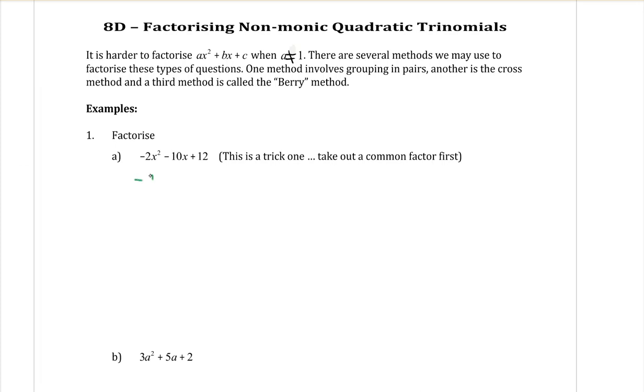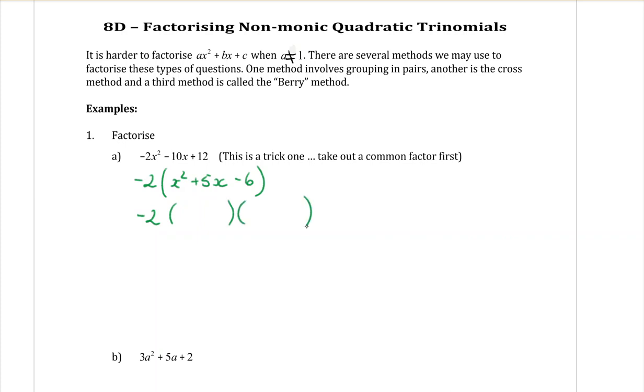So negative 2, bracket, that would leave x squared. Bringing the minus out will change that to a plus 5x, and bringing the minus out of the 12 would be negative 6. Okay, so that then makes the bracket a monic trinomial, and we can factorize that with the same methods we've been using.